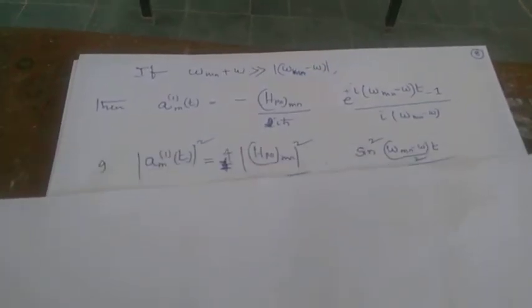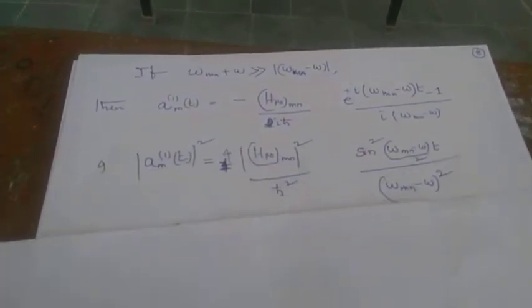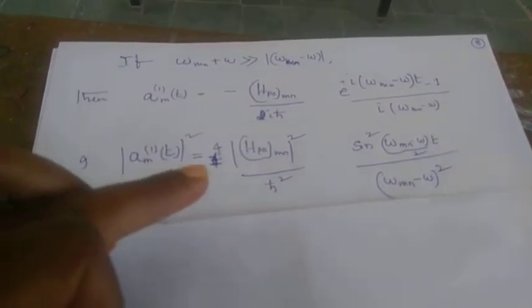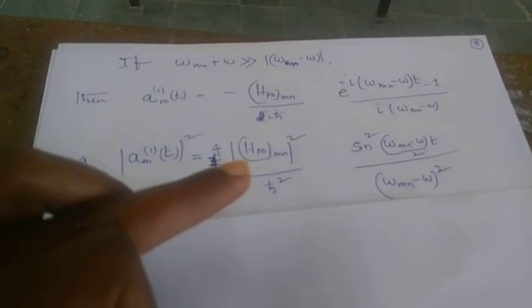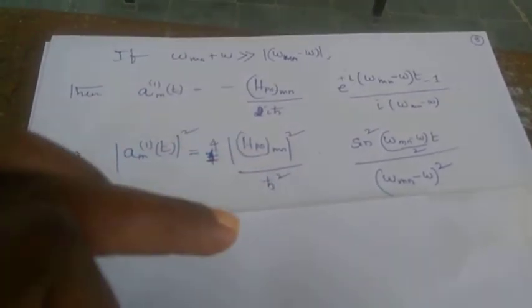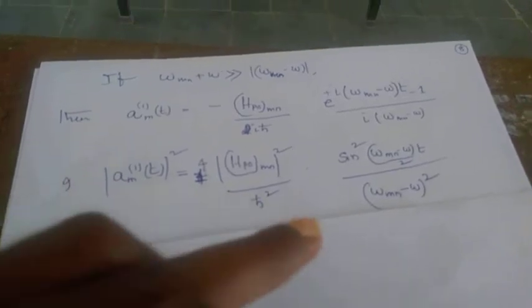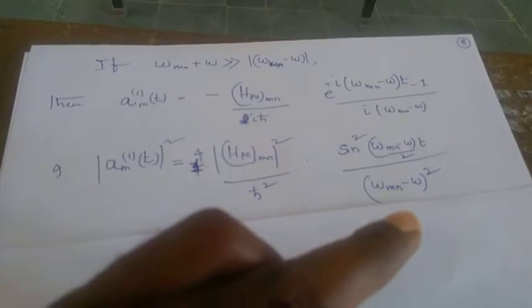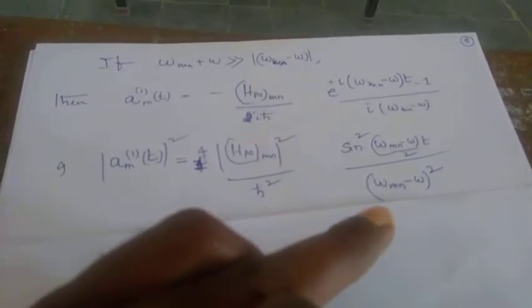In that case, we can write |a_m^(1)(t)|² as 4 times |H_p0,mn|² divided by ħ² times sin²((ω_mn - ω)t/2) divided by (ω_mn - ω)².